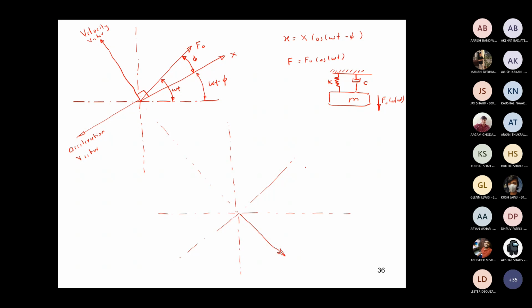All right. So first I will plot the inertia vector. What is the inertia force? M omega square x. So that is the inertia vector. The spring force will be opposite to the displacement. So displacement is in this direction, and the spring force will be downwards, kx.